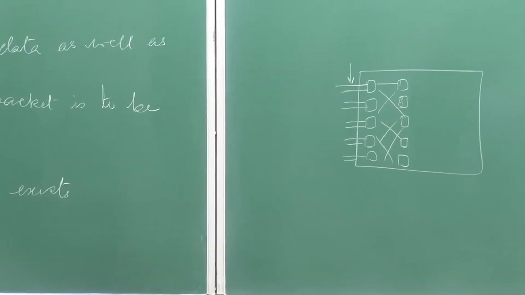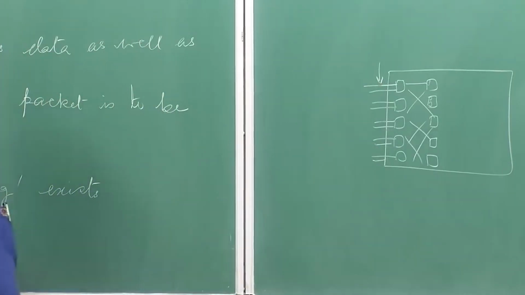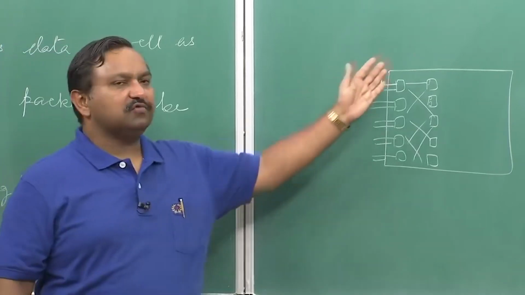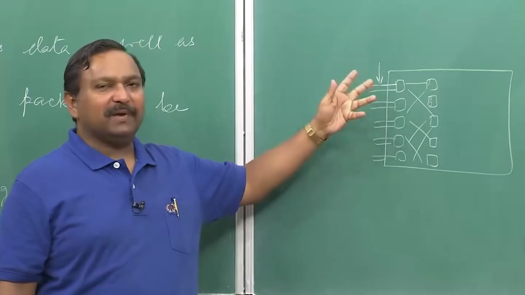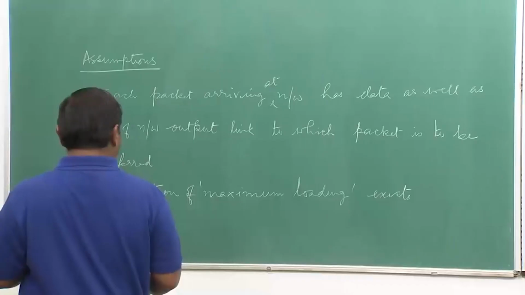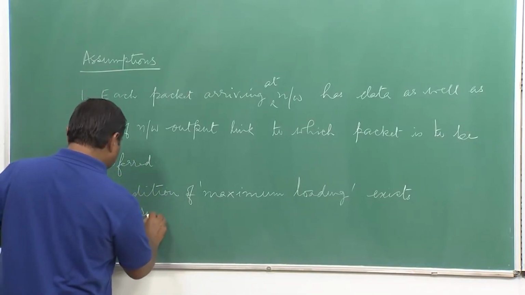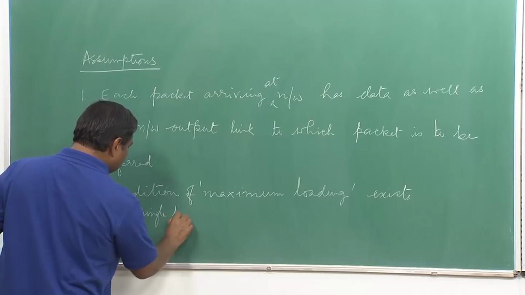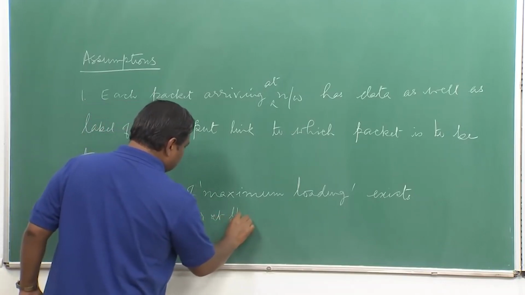So, the probability that a packet is going to be there in a slot is equal to 1 here. Of course, if the packet moves out, it moves further. If a packet cannot be moved further, then the earlier packet will remain there. So, that is the condition of maximum loading, which implies there is a single buffer at the network input link.